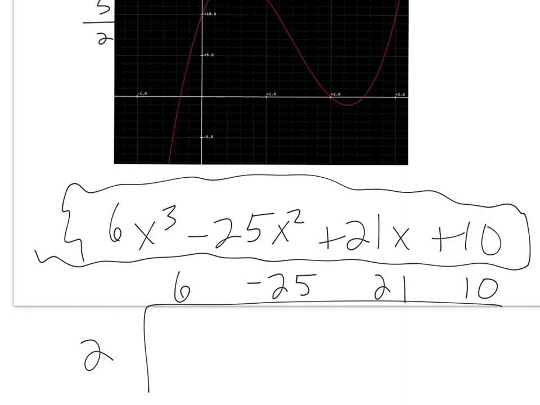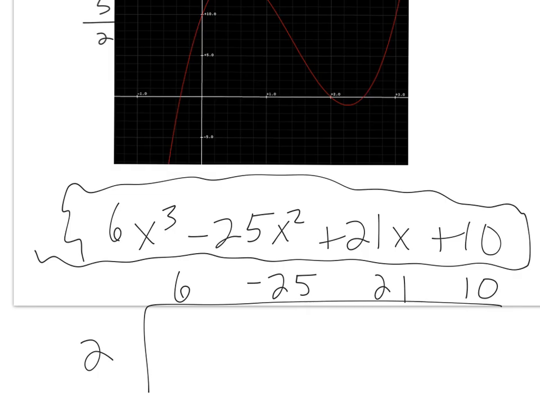Okay, boxed in there. So we're going to use synthetic division here, going through this table to see what we get as our answers. Remembering, where do these numbers come from up here? Yeah, the coefficients of the original function always go along the top. Can somebody step me through this process real quick again, just to refresh our memory?